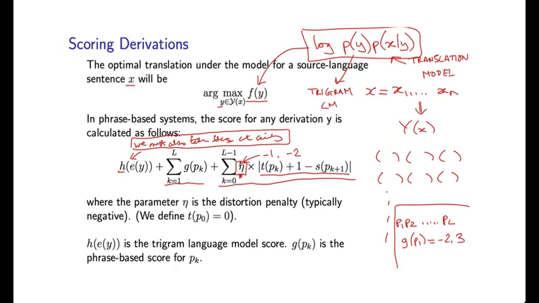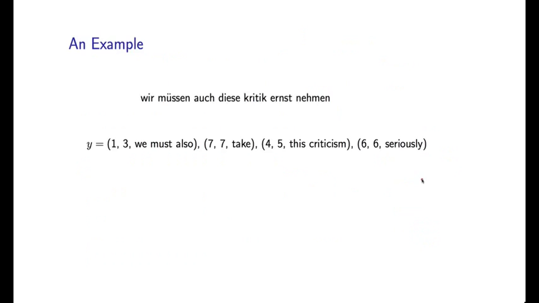Okay, let's look at how this expression is calculated using a particular example. So this is the definition of f of y. And the decoding problem is going to be to try to find the derivation that maximizes the sum of these three different scores. Let's illustrate this with an example. This is our input sentence.